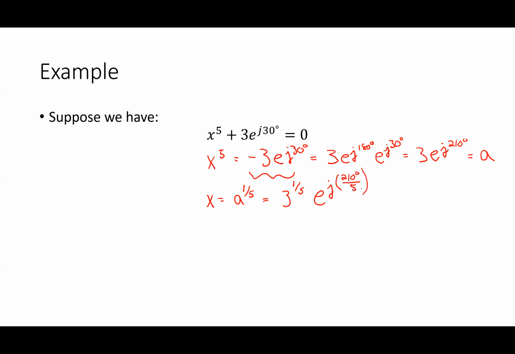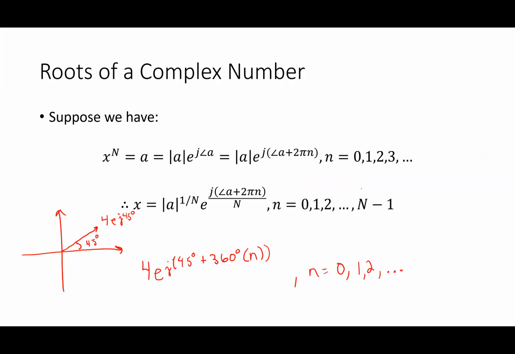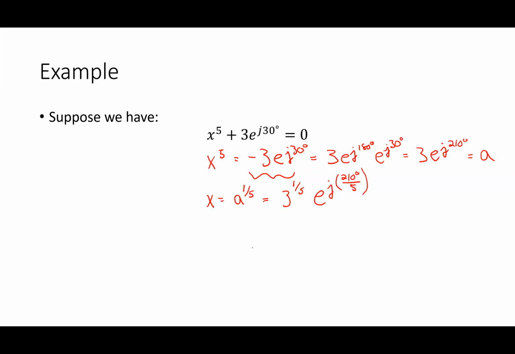Now that only gives me one root, right? So what we said last time is, I can use what we talked about over here, which is to say that the number basically repeats a bunch of times. Again, I'm going to go back into radians here for a second, only because that's MATLAB. Every trig function in MATLAB, and exponential is one of them, as we've said a couple of times, expects everything to be in radians.